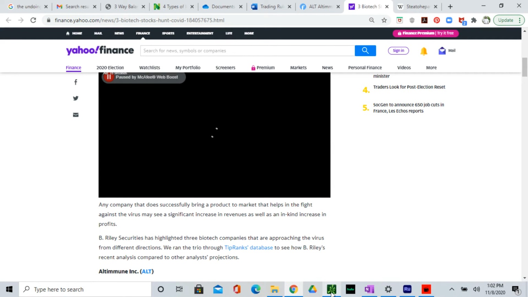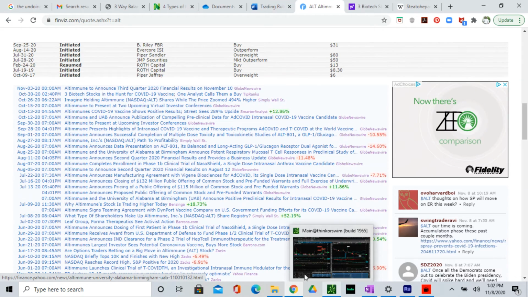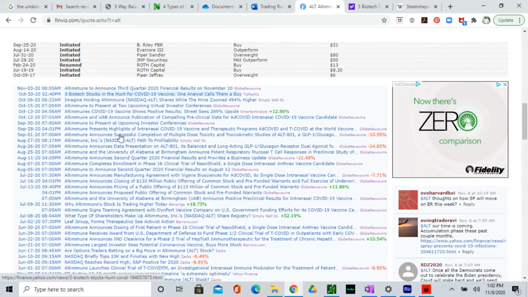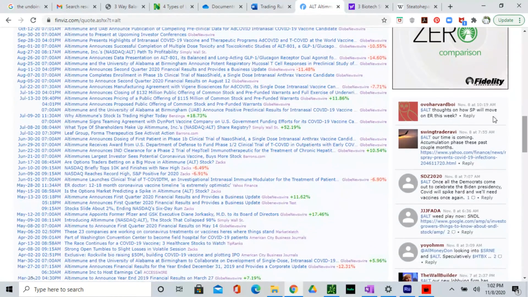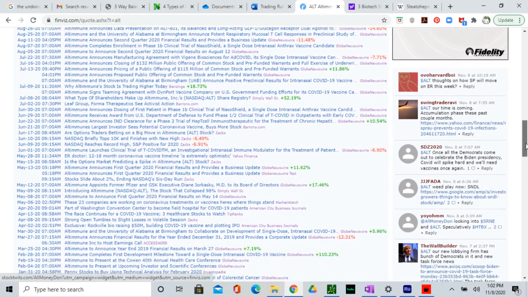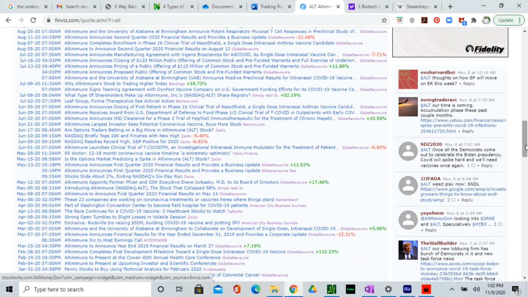So I want to really now go into the actual chart, because we went through some of the background. I showed you where you can get the news from, going through here and seeing what news you can pick out of there. Also around here you'll see what some of the individual traders are saying about or related to ALT.